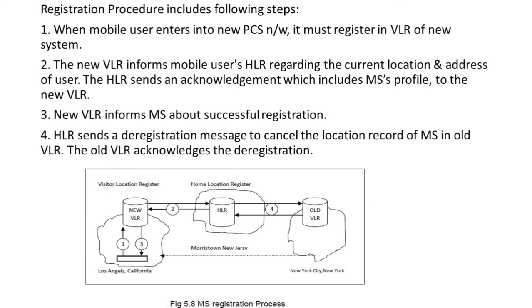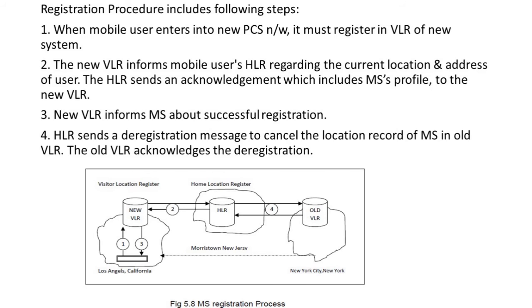How is the registration process performed? The registration process includes the following steps. When a mobile user enters a new PCS network, it must register in the VLR of the new system. What is the VLR? It is the location register of the new system.